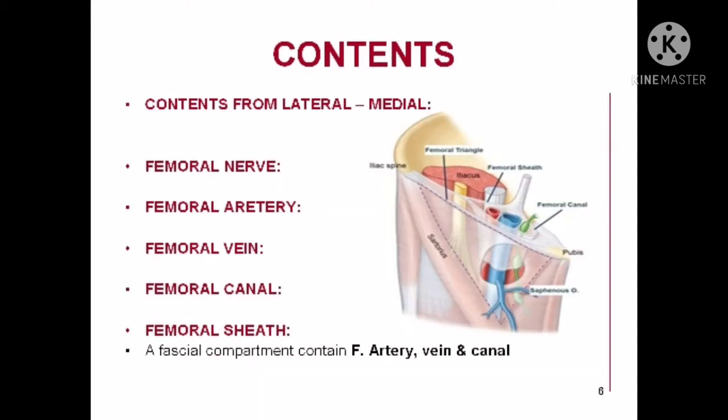The contents of the femoral triangle. If we go from lateral to medial, we find the femoral nerve, then the femoral sheath, which encloses the femoral artery, the femoral vein, and the femoral canal and the lymph nodes.